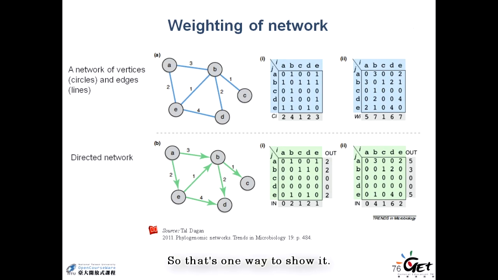So that's one way to show it. In the new algorithm, they want to know the directions for the gene transfer, from here to here, or from here to here. Then you can use another algorithm to know the direction for the presence or absence of genes.